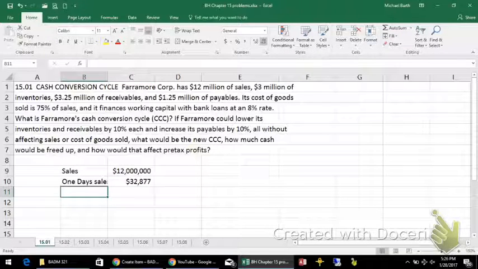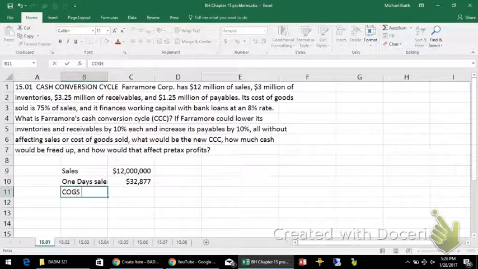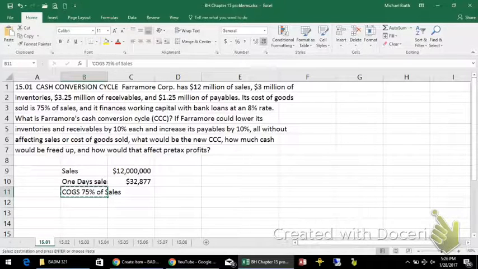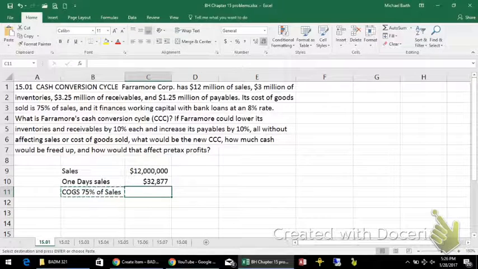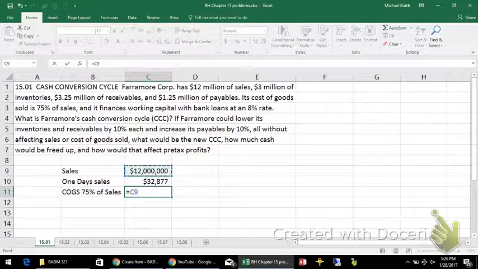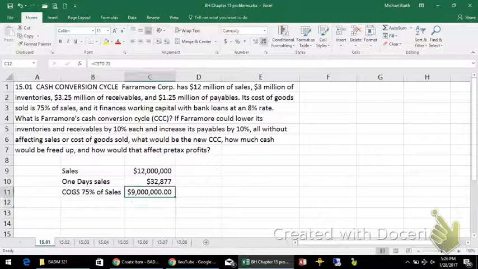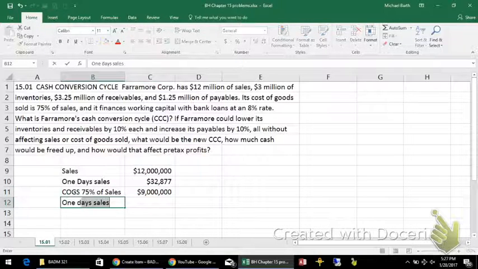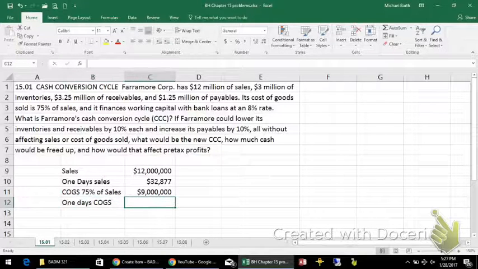We're told that the cost of goods sold is 75% of sales, so I can also solve for cost of goods sold. That times 0.75 is my cost of goods sold. And I also need 1 day's cost of goods sold to solve the problem.